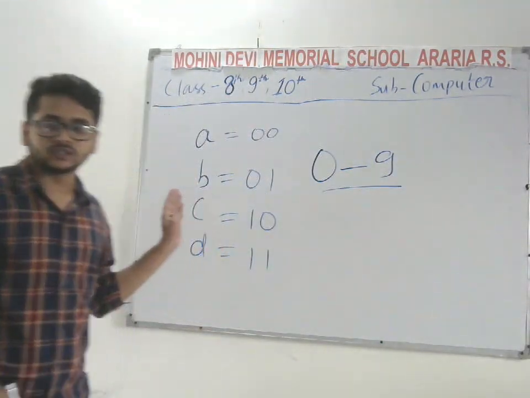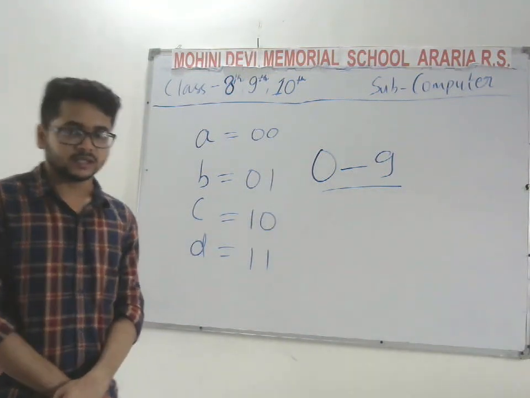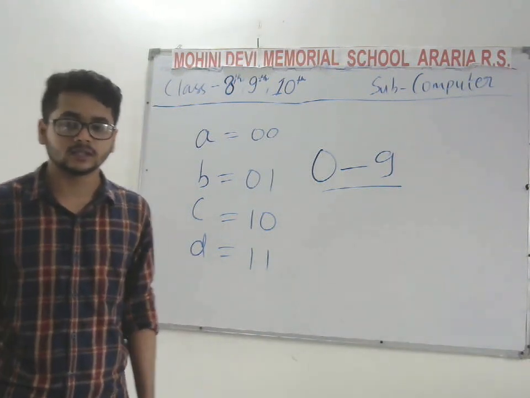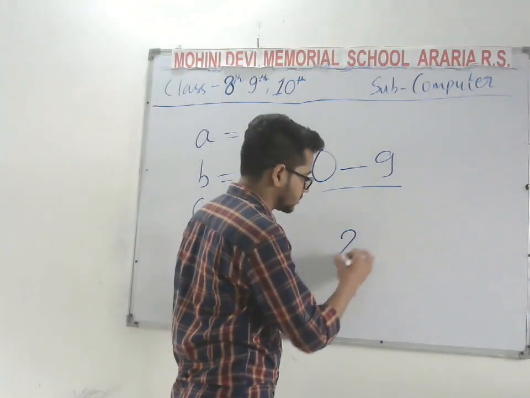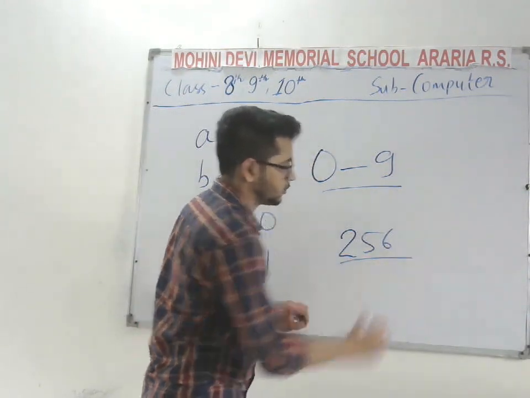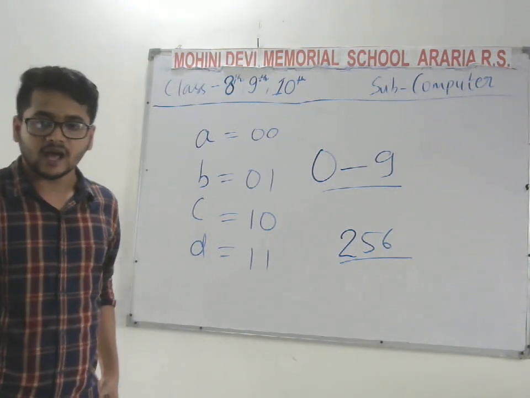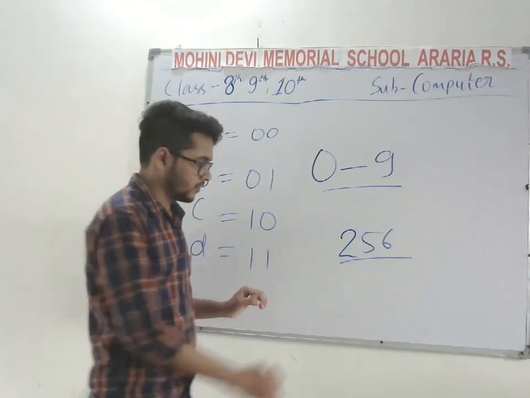So these 52 characters and these 10 digits make 62 characters, and now we have the space character, at the rate, and different types of special characters. So we have a total of 256 different kinds of characters that the computer can understand in ASCII representation, and it includes all the special characters that we have.